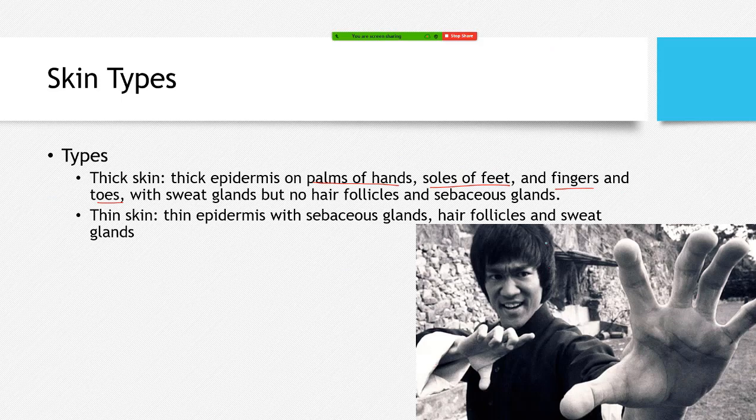With thin skin, on the other hand, they do have hair follicles. They have something called sebaceous glands as well. We'll talk about sebaceous glands later. Of course, they have sweat glands too. And we'll talk about the differences between thick and thin skin in a little bit too.